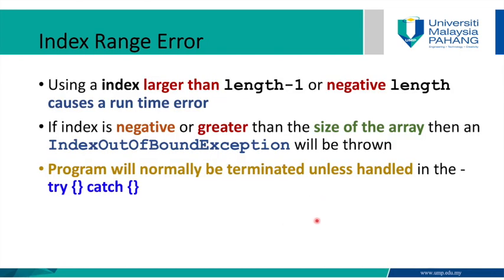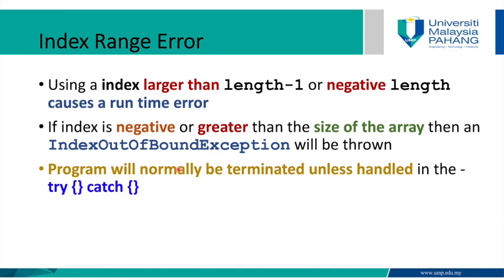When you get an error, if there is something wrong with the code, for example, if you are using an index which is larger than the length minus 1, or if you are trying to access a negative index, it will cause a runtime error.